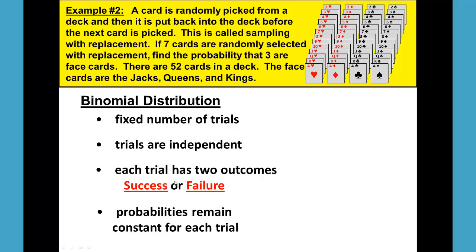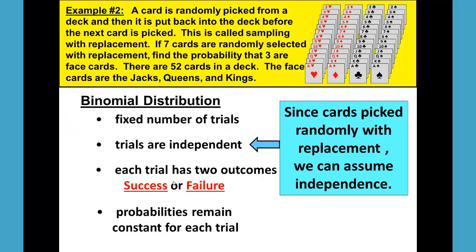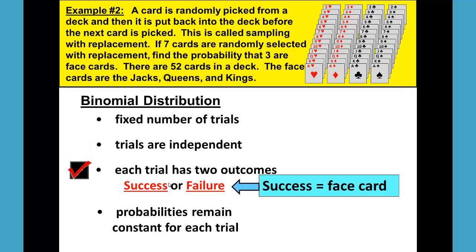Is it a binomial distribution? Fixed number of trials. Each trial is a picked card. N equals 7. Yes. Trials are independent. Since cards are picked randomly with replacement, we can assume independence. Check. Each trial has 2 outcomes, a success or a failure.